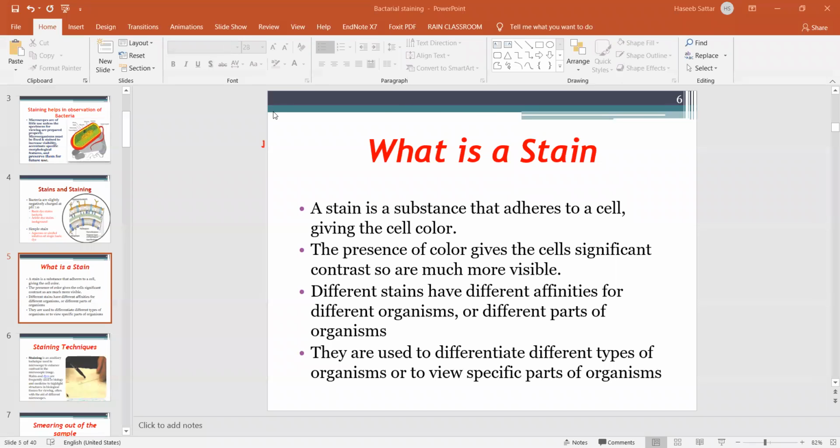Because of this color, we can easily see. And we have different kinds of stains, different coloring agents. Different stains or staining techniques can help us identify the bacteria, but the simple staining technique cannot differentiate different kinds of bacteria.